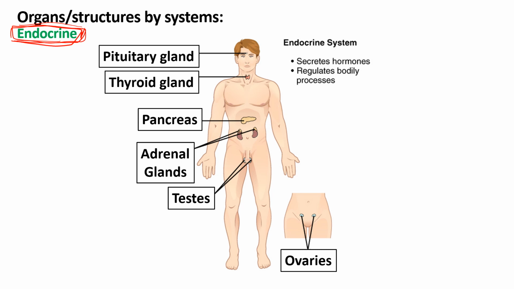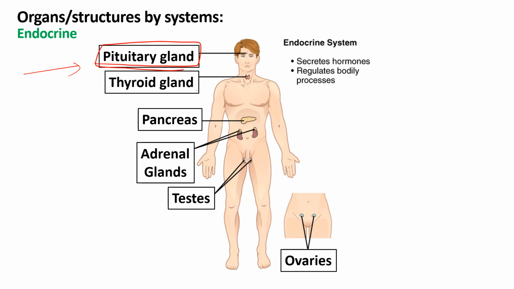So the organs you need to know about the endocrine system are not all of them, but the majority of the organs, you can see here. All right, so in the head, for now, you just need to know the pituitary gland. The pituitary gland is a gland that is located in the brain. We're going to see pictures of that in a minute.